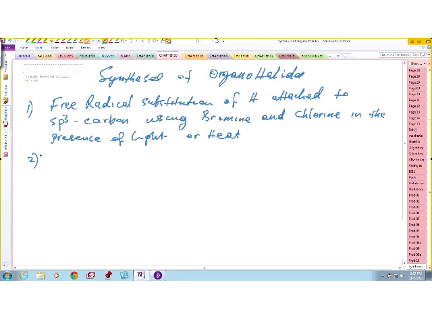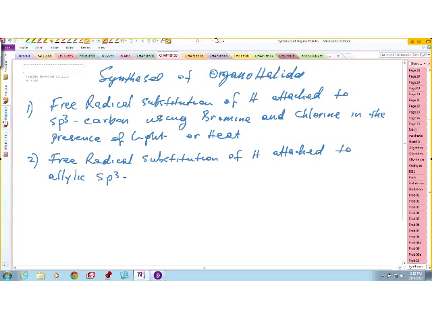Method number 2. Free radical substitution of hydrogen attached to allylic sp3 carbon using N-bromosuccinimide.